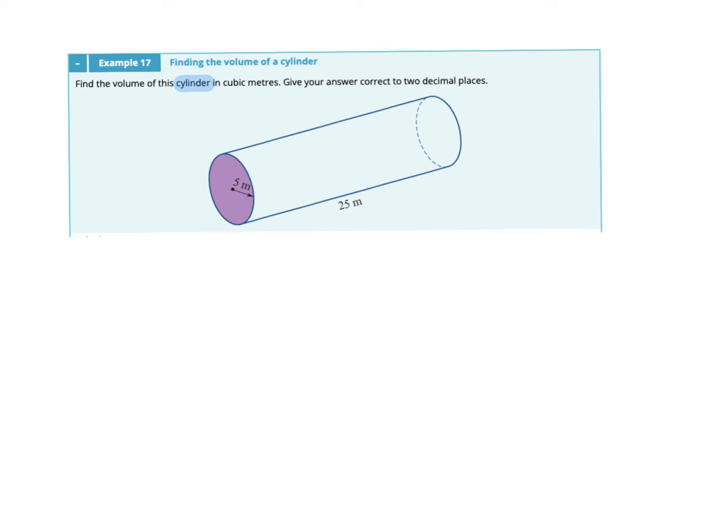Okay, the next one says find the volume of the cylinder in cubic meters. If you go on your formula sheet, it's listed as a right circular cylinder. All the ones that you will do will always be a right circular cylinder. All that means is that it's perfectly flat on the bottom.